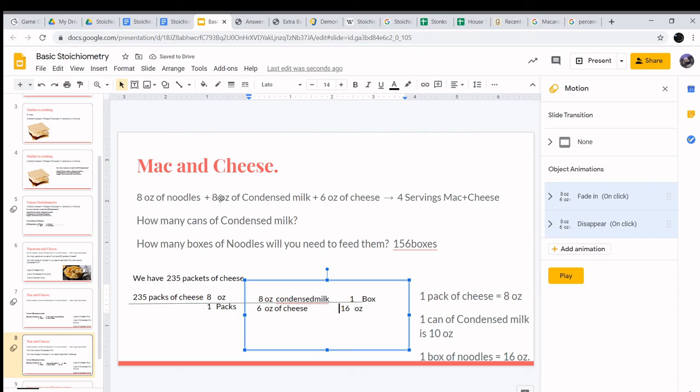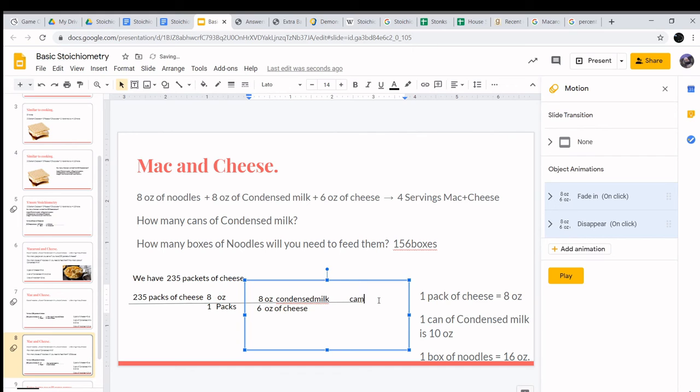So we see that it's 8 ounces of condensed milk. We could put this in directly from our equation here. And now we have to convert from ounces of condensed milk to cans of condensed milk.